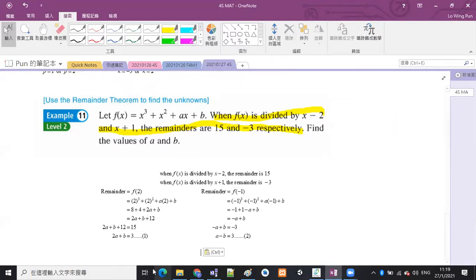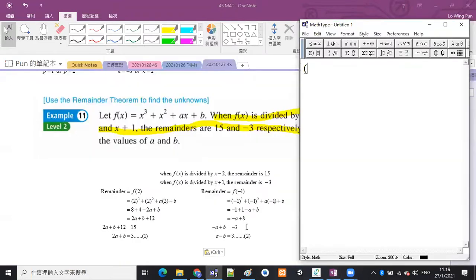I see that one B is plus B and the other is minus B, exactly opposite, right? In this case, if we add the two equations, the B terms will cancel. So we are going to do equation 1 plus equation 2. For the A column we have 2A plus A, that is 3A, and for the B column, plus B minus B cancelled.